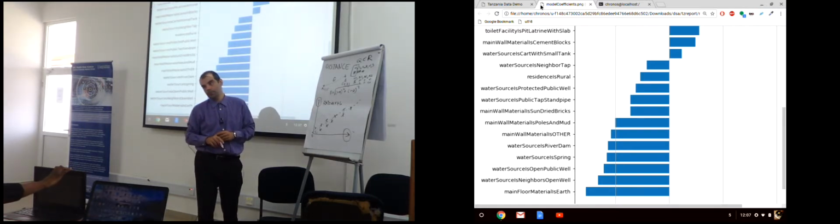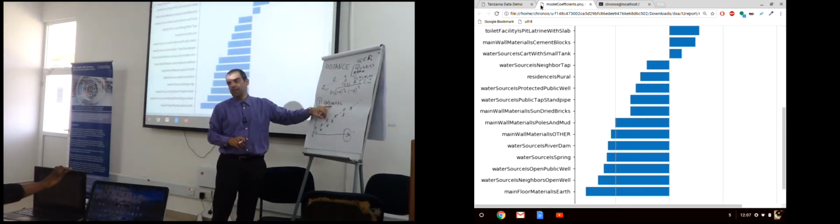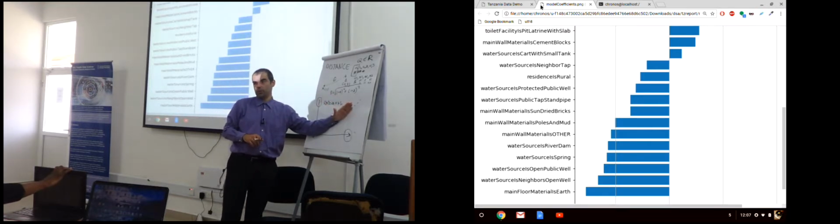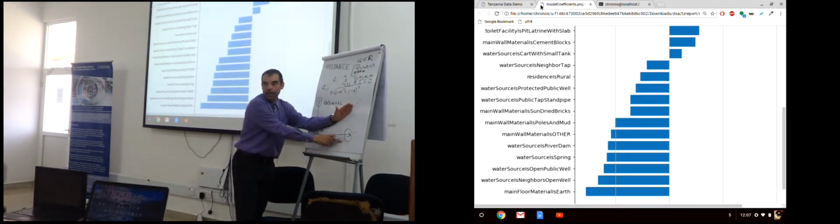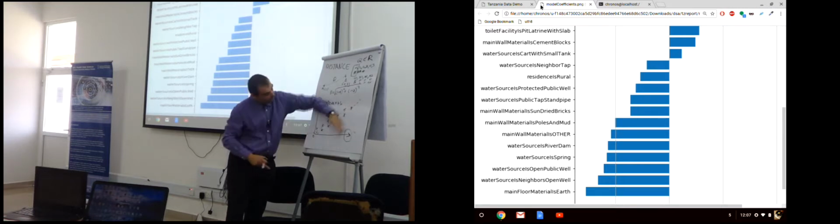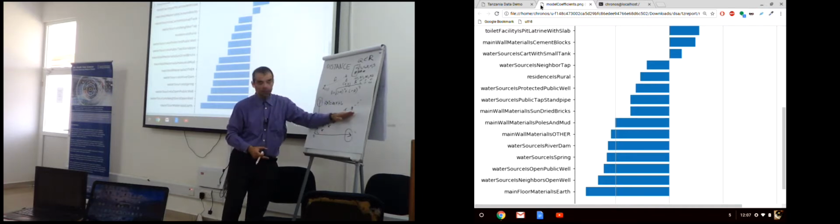Let's say negative A. A is the slope. This is a positive slope, because as this is going up, this is going up as well. If this was going up, but this was going down, the line would look like that. This is when you have a negative. If it was 0, it would be flat, which means that it doesn't matter what happens in your input, the output doesn't vary.